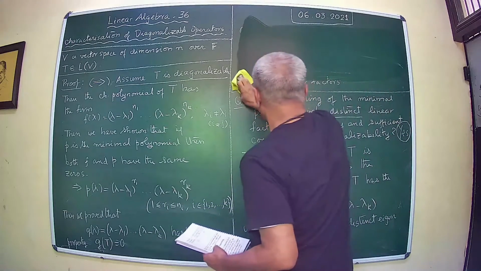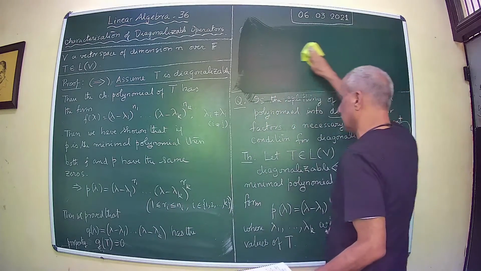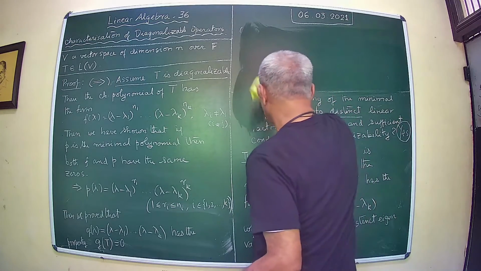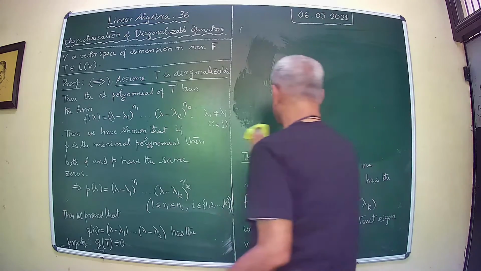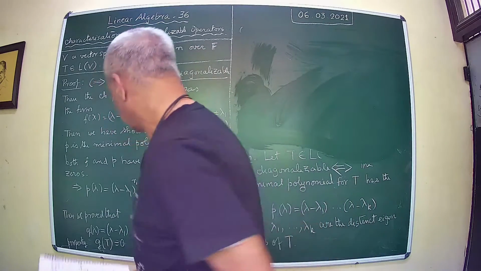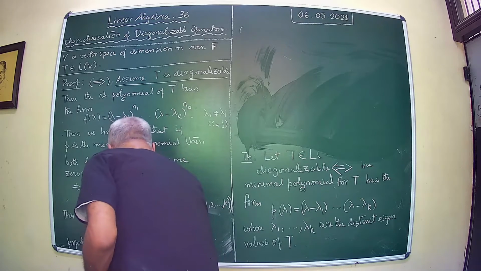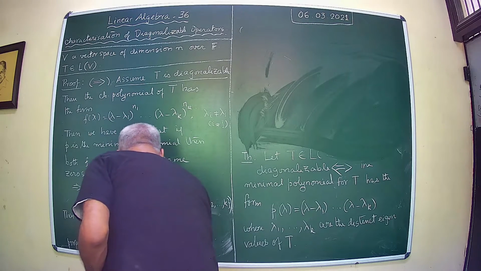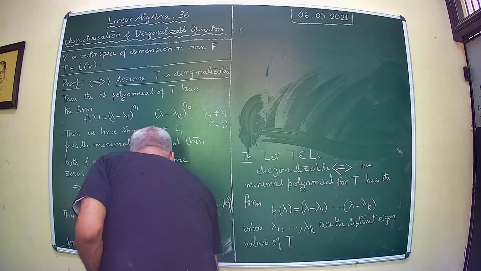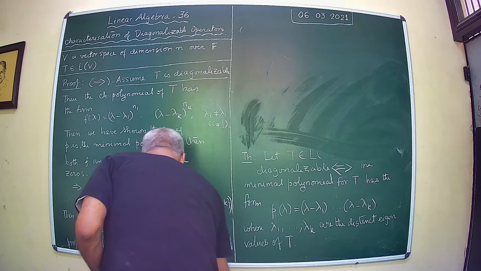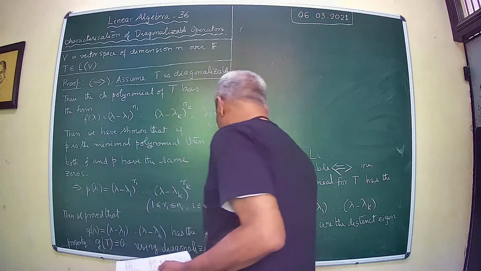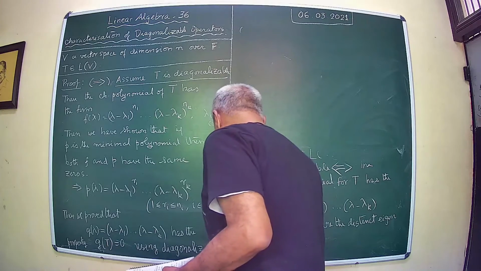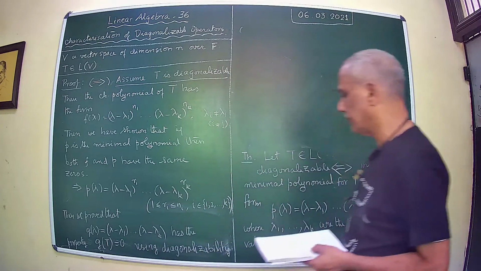That is, under diagonalizability we are able to do this. So with the assumption that B is diagonalizable, we were able to do this.